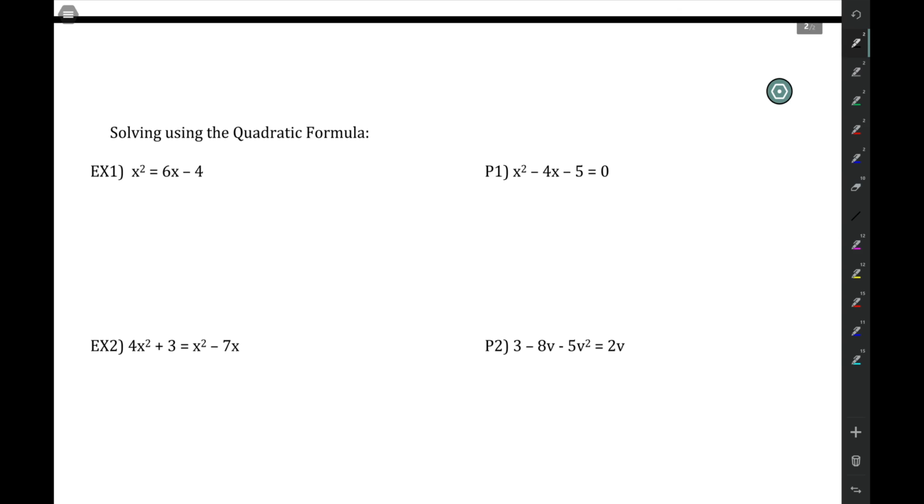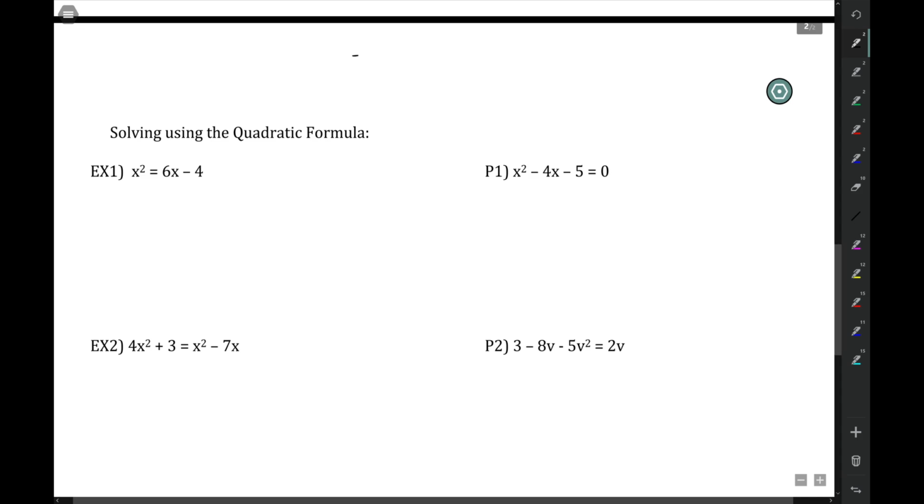Okay, so first off, let's say it again. It's negative b plus or minus, I would write this up top, square root b squared minus 4, always 4, times your a value, times your c value, all over 2 times a.